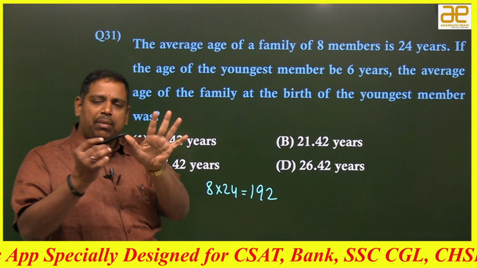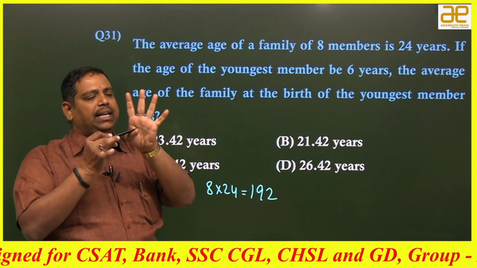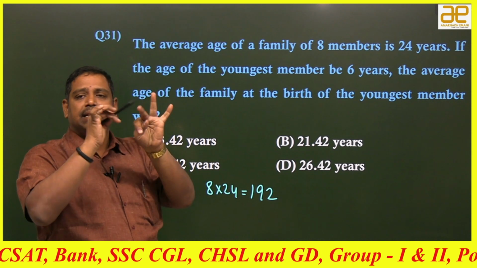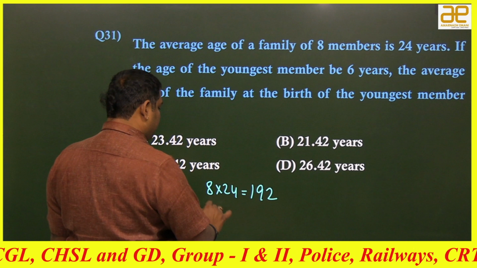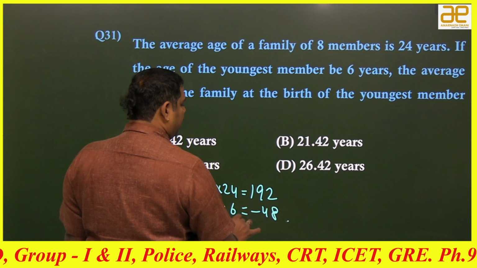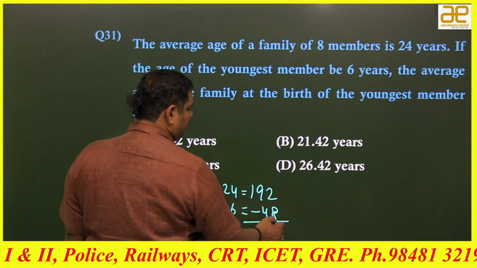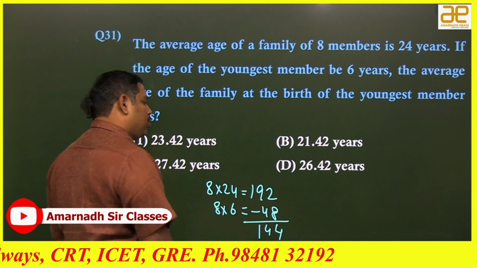So will we come back for only one person or 2 persons or all the 8 persons? So 6, 6, 6, like that 8 6s are 48 will be reduced. Now it will be 144 is the total.